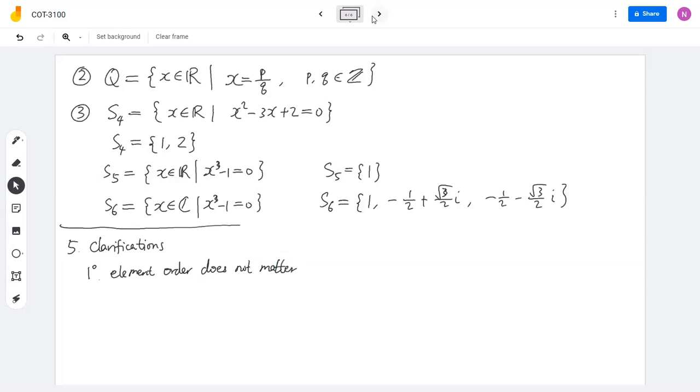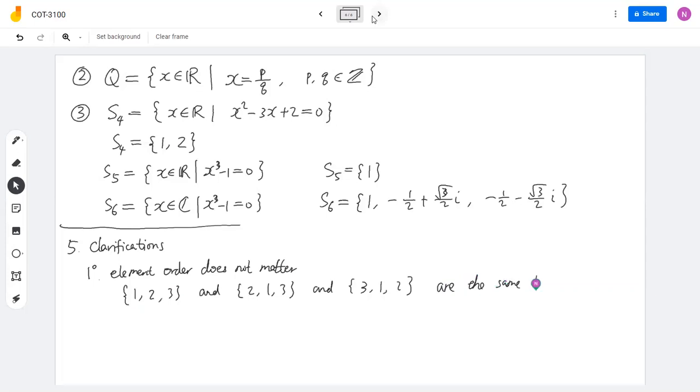Basically, when we say the set 1, 2, 3 is the same set as 2, 1, 3, and 3, 2, 1, and 3, 1, 2, we are talking about the same set.